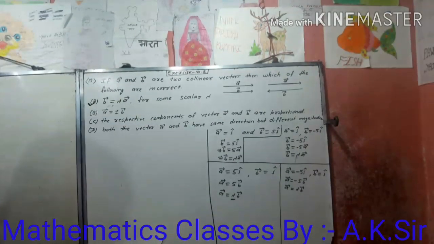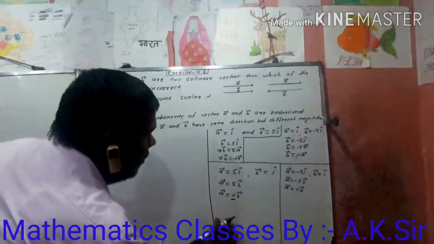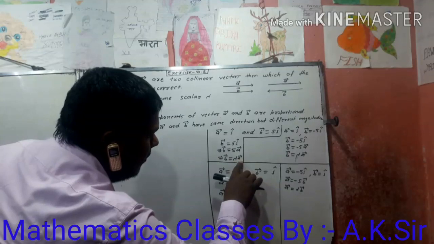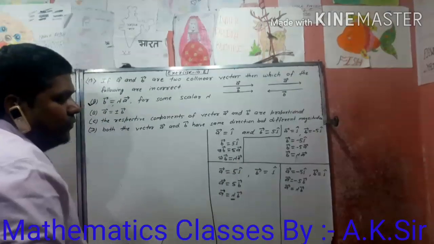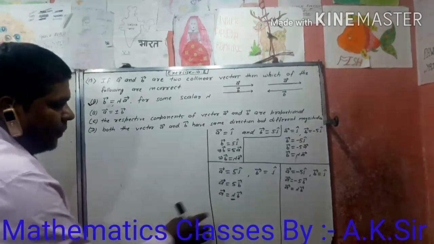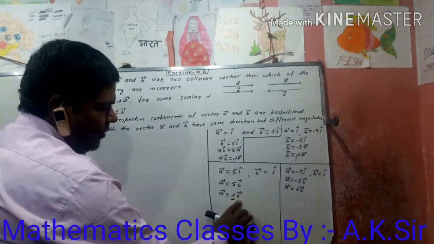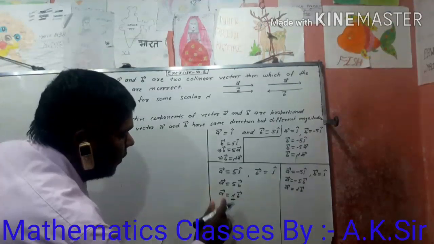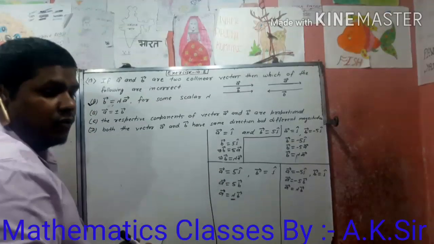We have read about B vector is equal to lambda A vector. Now we have also obtained A vector is equal to lambda B vector. In both conditions, A and B are collinear vectors.